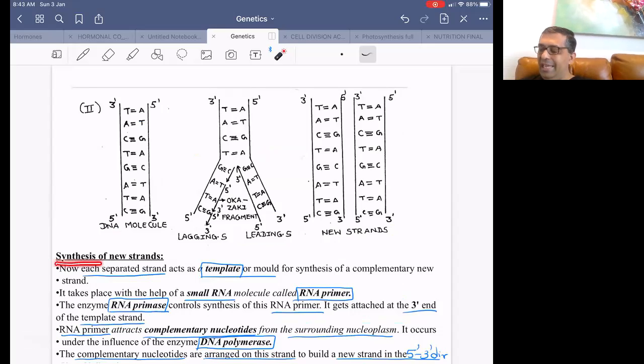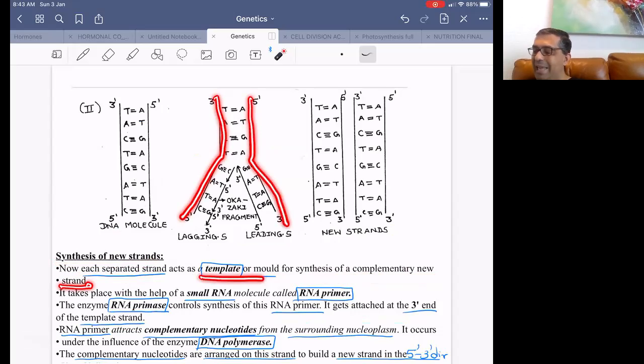There is synthesis of new strand. Each separated strand now acts as a template or a mold for the synthesis of a complementary strand. So this strand is now called a template or a mold.